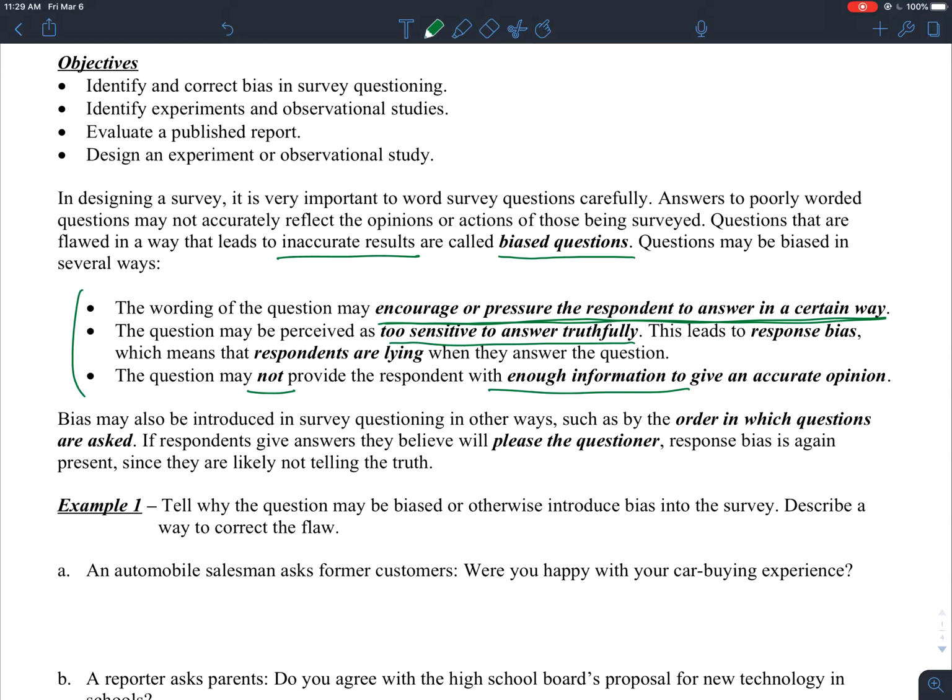So bias may also be introduced in other ways. In other words, the order in which questions are asked, or who is doing the asking. Okay, so the order in which questions are asked is something like, an example that we have in my AP Statistics textbook is, you ask someone, how would you rate your life right now? How do you think you're doing?